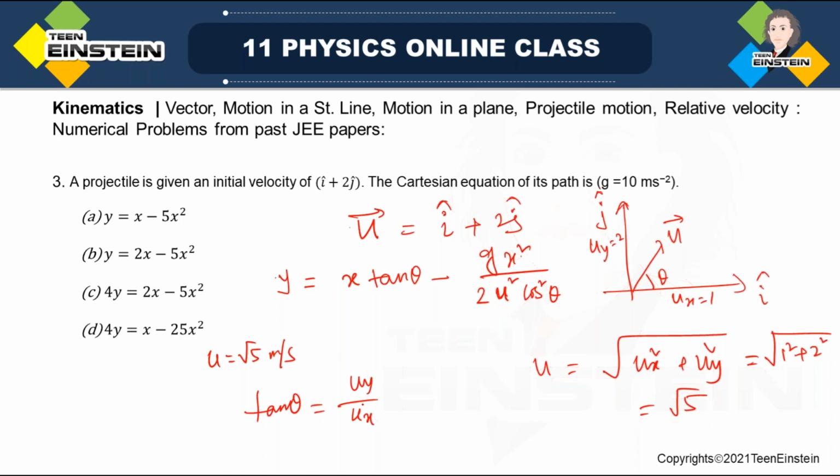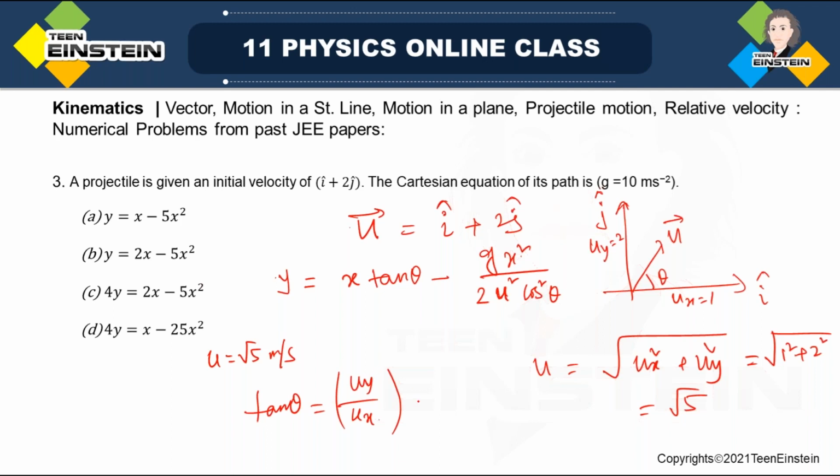So during the motion of the projectile at any point, if you want to find out the angle made by the velocity vector with the horizontal, you can just find out the components of the velocity at any point, at any time, and then just take vy by vx. By that, you can find out tan theta, and tan inverse of this will give you the angle theta.